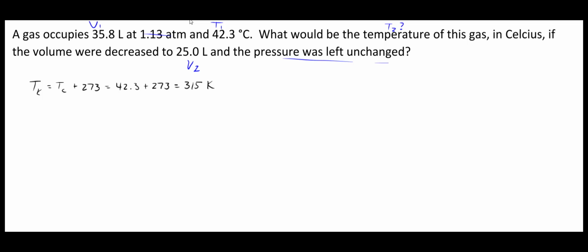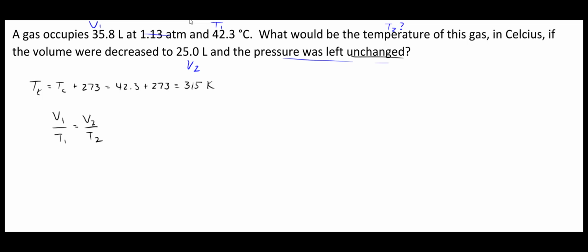Now we can use Charles' law. So we have V1 over T1 equals V2 divided by T2, so long as the pressure is constant, which it is. The unknown is T2, so we need to be able to get T2 by itself.